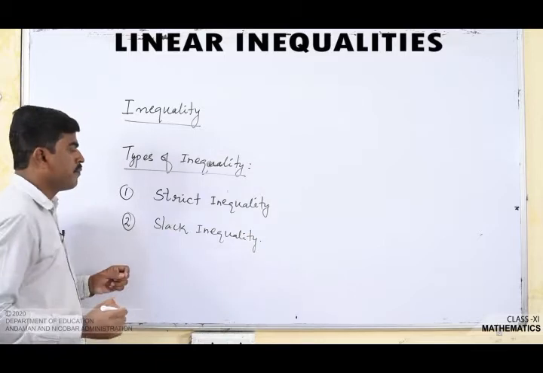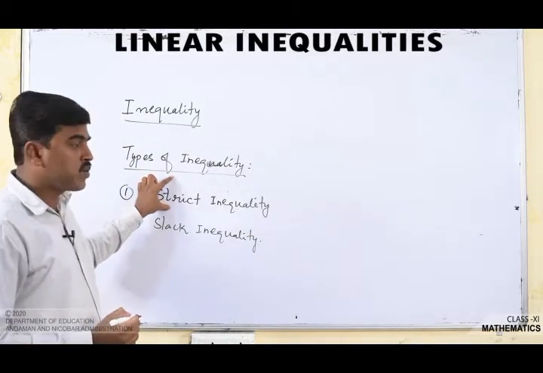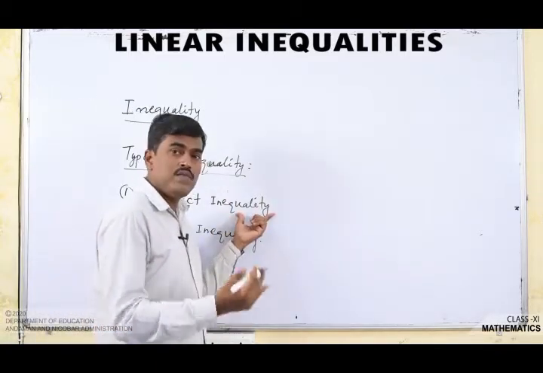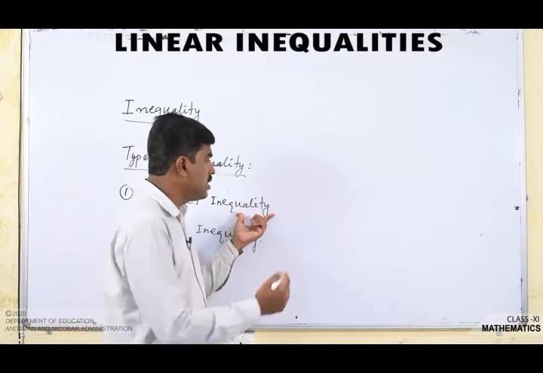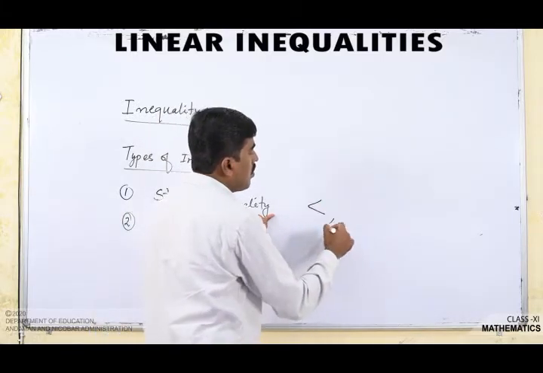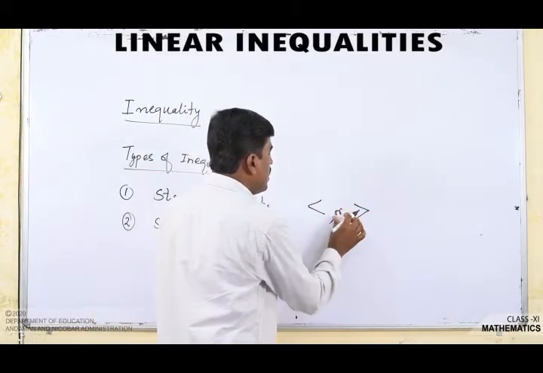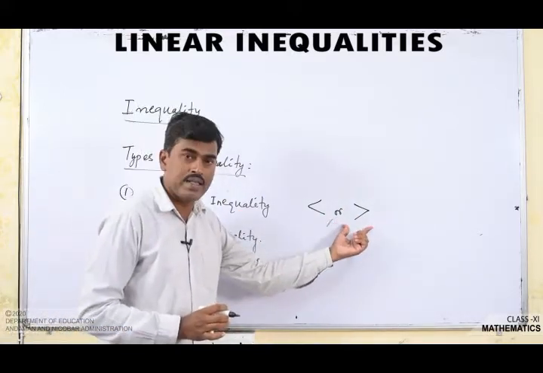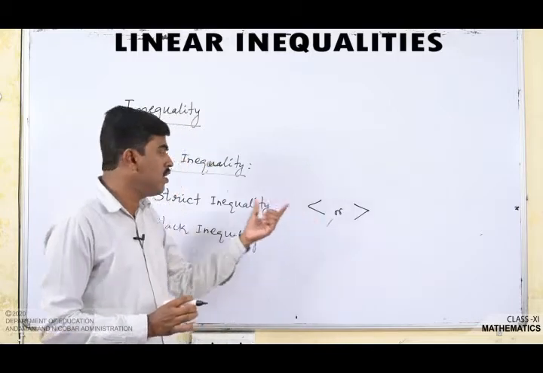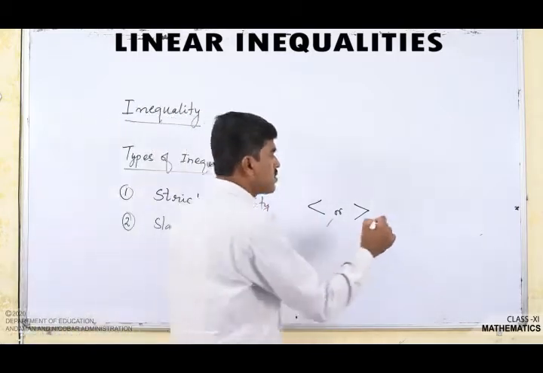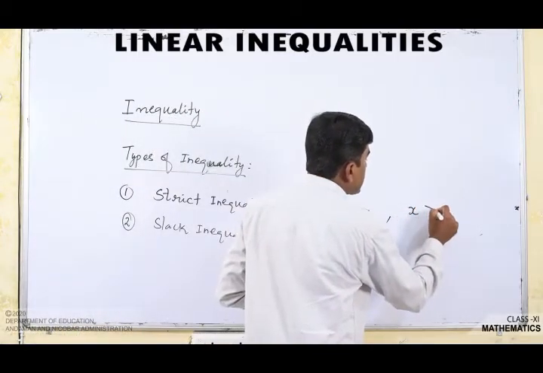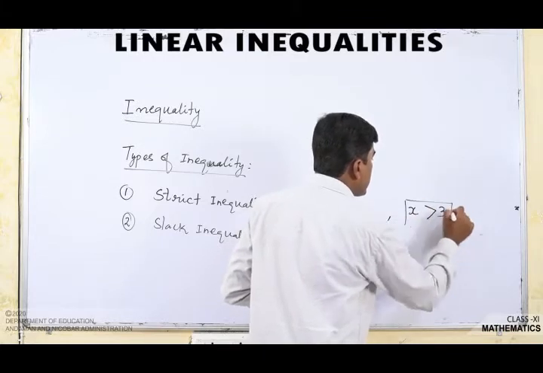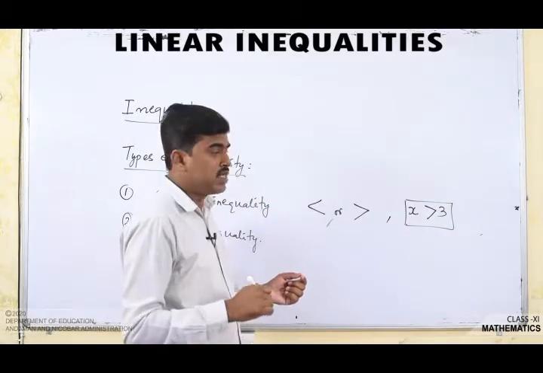Okay. What is meant by strict inequality? Inequality which involves the sign less than or greater than. Inequality in which the sign used is less than or greater than, that inequality is called strict inequality. For example, if x is greater than 3, so this inequality is called strict inequality.